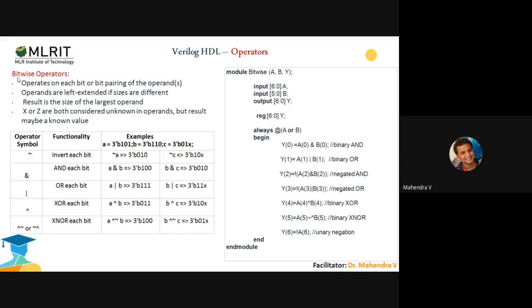We call them bitwise operators, because these operators perform the operations on individual bits or pairs of bits, not on all bits at a time. It performs the operations at bit level. That's why we call these bitwise operators, and we use them to perform all the logical operations between bits or pairs of bits.